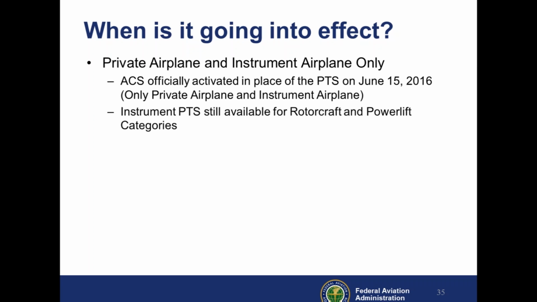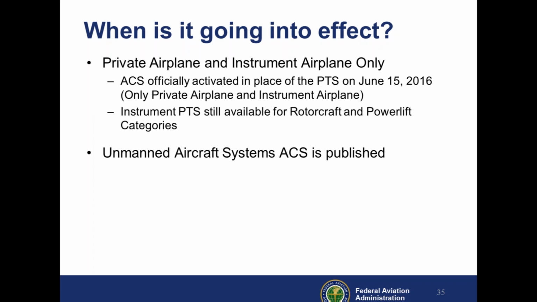We do still have the instrument PTS available for those taking check rides in rotorcraft and powered-lift categories, because those have not yet been translated over into the ACS style. We do also have an unmanned aircraft system ACS, so we have 3 ACS documents in total: the unmanned aircraft systems, and then the private pilot airplane and instrument rating airplane documents.